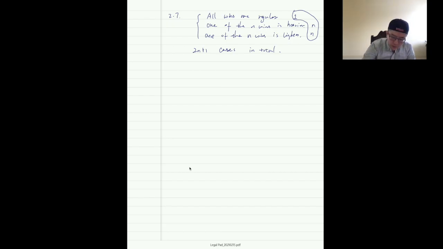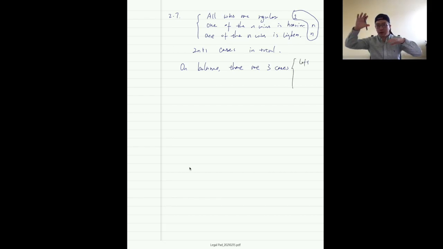So let's see on the balance. Okay, every time there are 3 cases, right? The 3 cases are left, right, which means left is heavier, right? Left, right, and balance, right? So every time we have 3 cases.